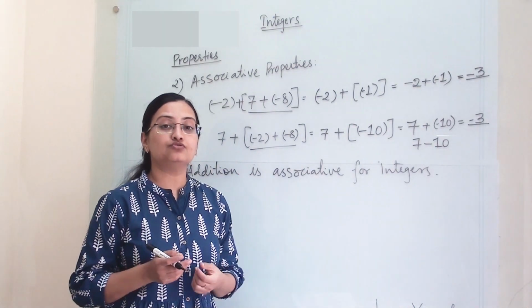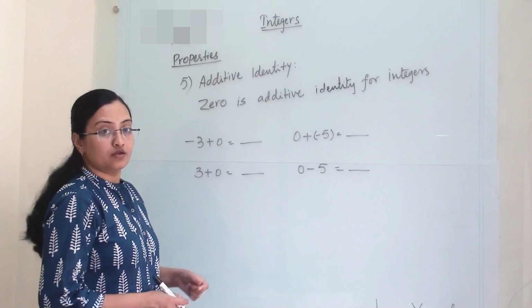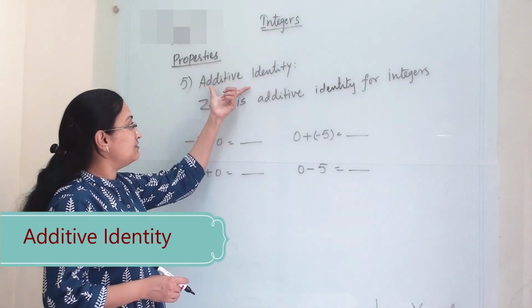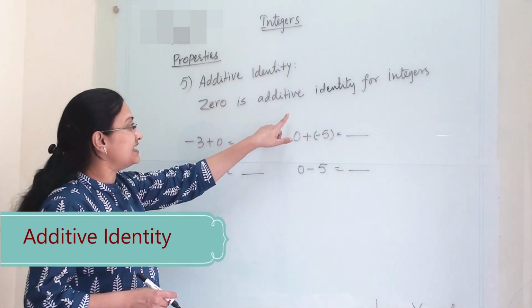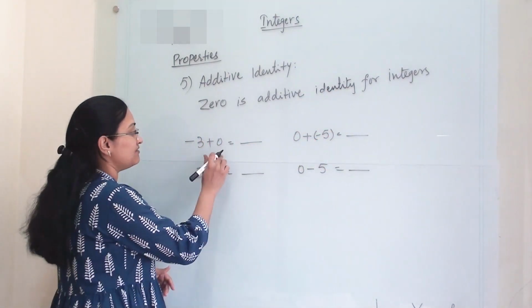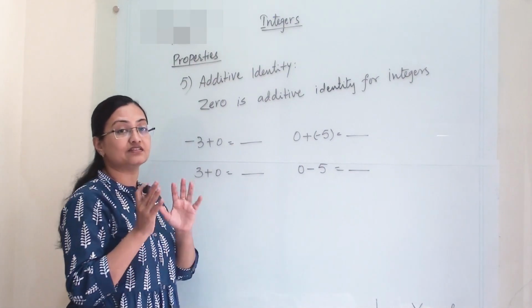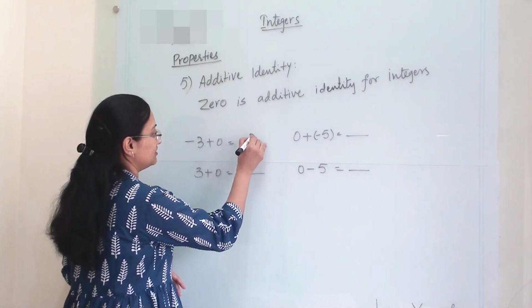Now we are going towards the last property, that is additive identity. So our next property is additive identity. 0 is additive identity for integers. Why is it so? Because whenever we add 0 to any integer, we will get the same integer as a result.